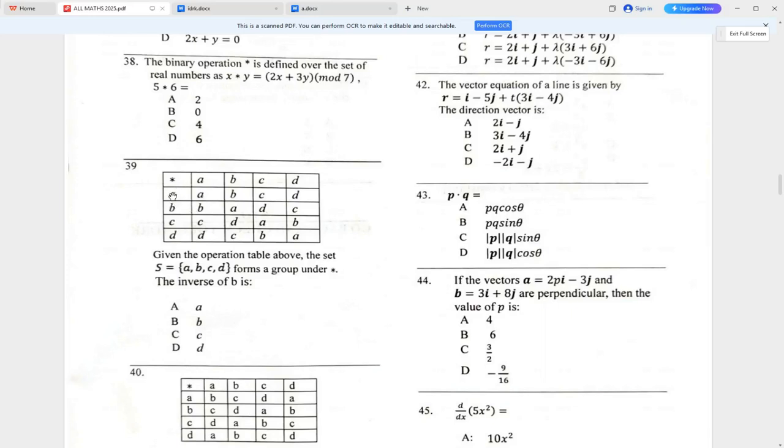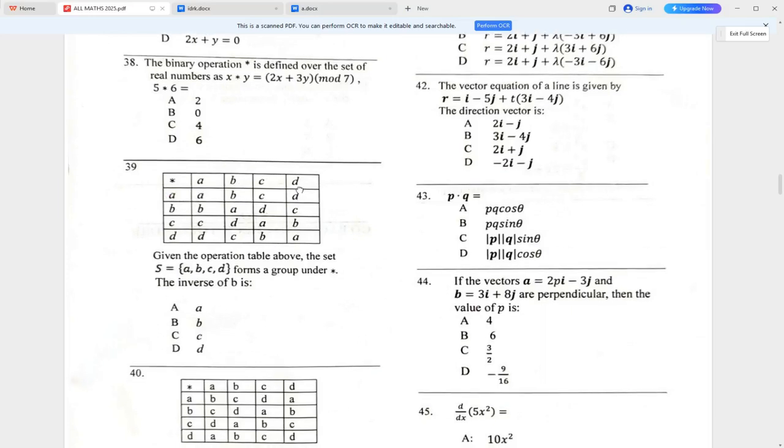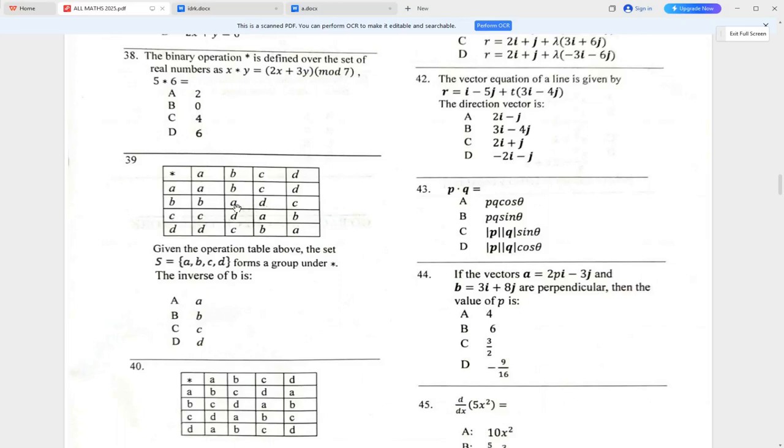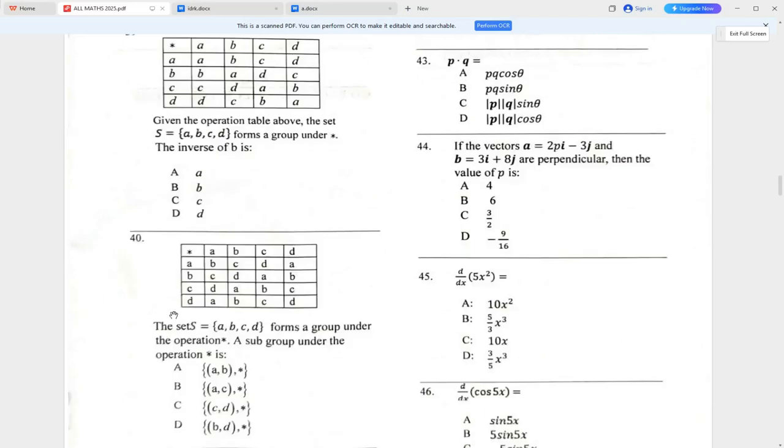Looking at this table, we find that A star A remains A, B star B remains B, C star C remains D, and D star D remains D. So our identity element is A. Now to find the inverse of B, we need to find what element we have to operate B with to get the identity element. Looking at the line of B, we find that the identity element A happens when you operate B with B. So the inverse of B is B, which is B for question 39.